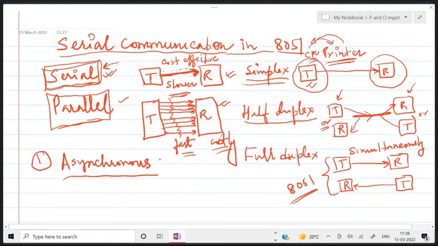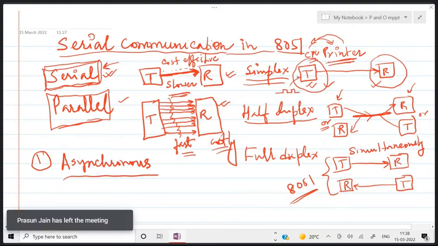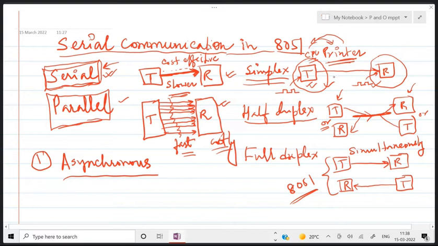Between transmitter and receiver, asynchronous serial communication means that we have a separate clock for the transmitter and a separate clock for the receiver, although they operate at the same frequency.